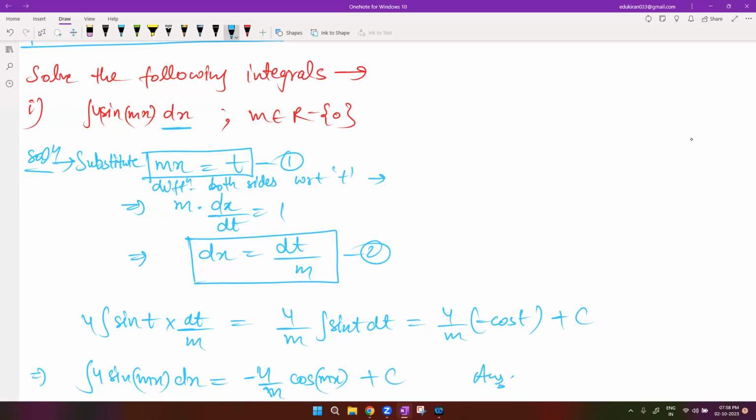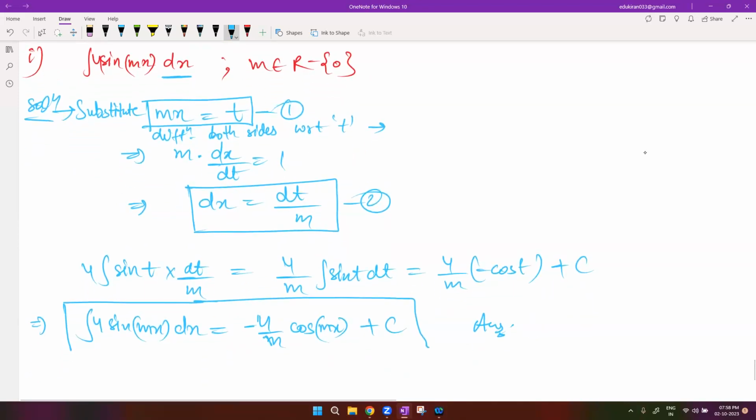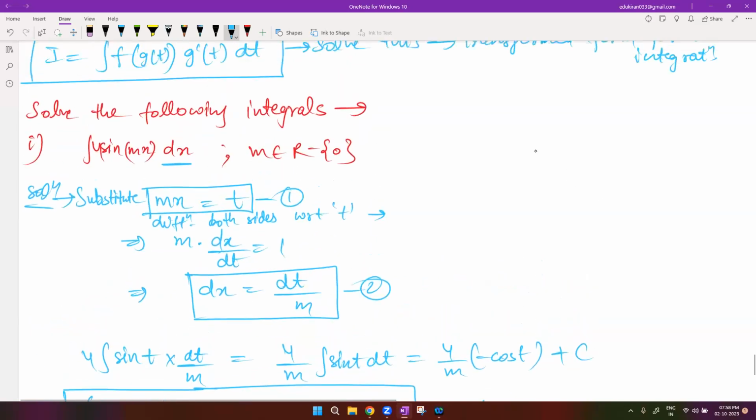So use your original variables back in the final answer, because the question was asked in terms of x. Why did you use t? So that you can find the integration, because we did not have a direct formula for sine mx. You will gradually learn how to use substitution.